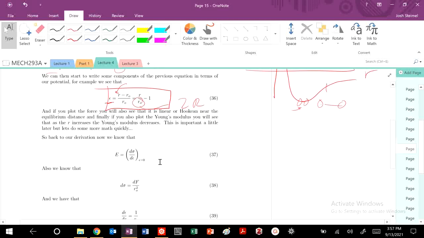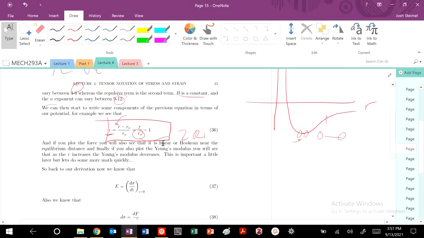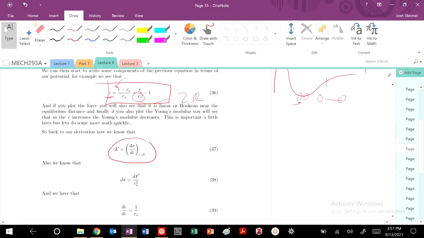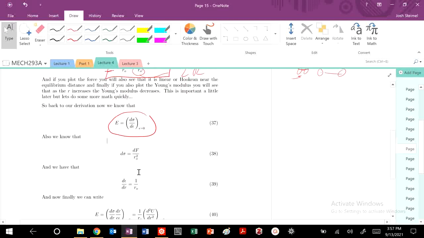So we can now go back into our derivation. We said that we can rewrite that here, this is our expression for our Young's modulus. We can also rewrite our expression for force as well. We know that stress is equal to force per unit area, A squared.